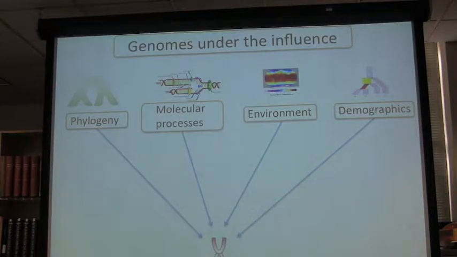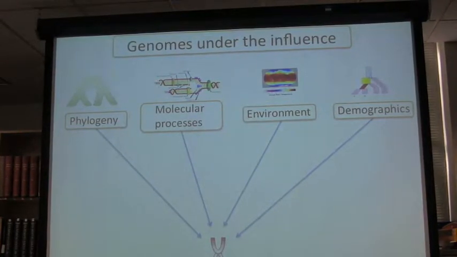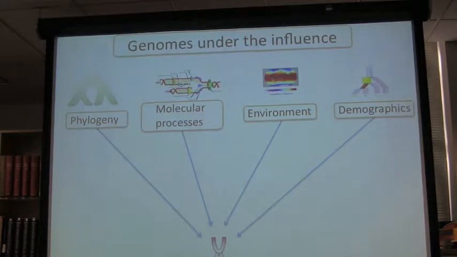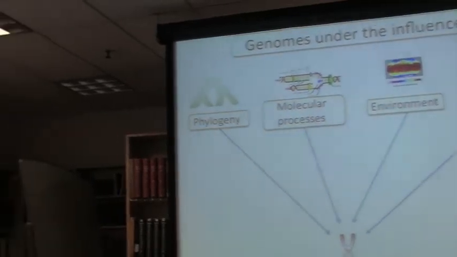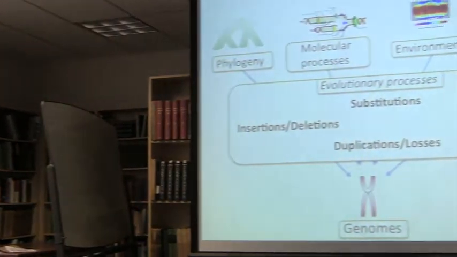Then you have the environment that exerts a pressure on the organism, and then you can see effects of this pressure on the genomes. And then you have the demographics, such as the population size in a species, the effective population size, the way the species mate, etc. And so all those factors exert an influence on genomes, and they leave a trace in genomes through different evolutionary processes.